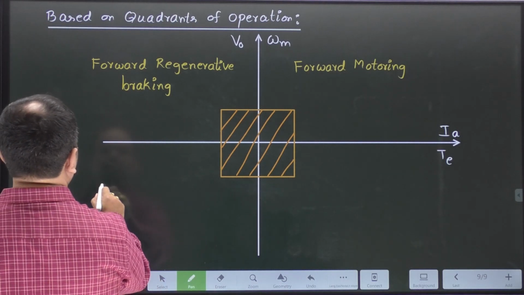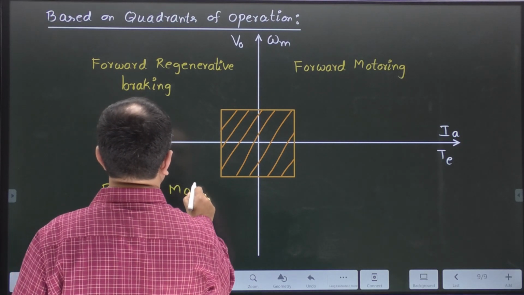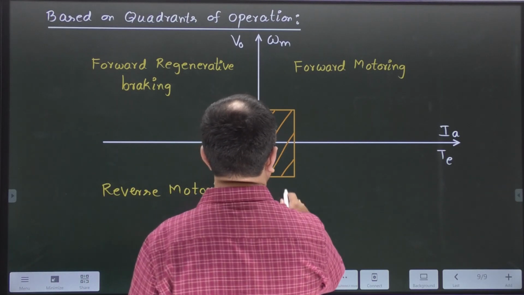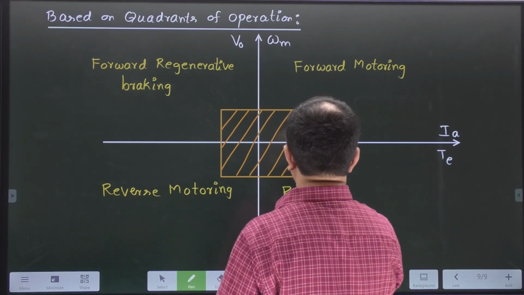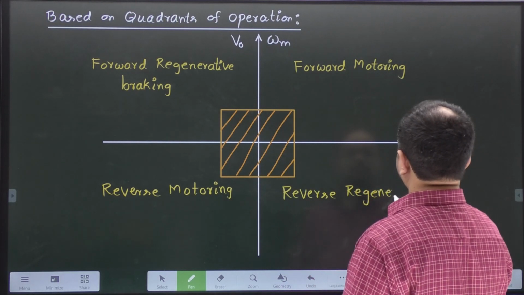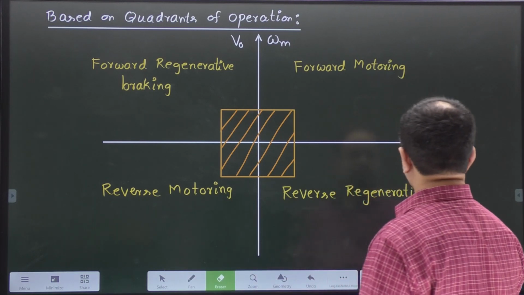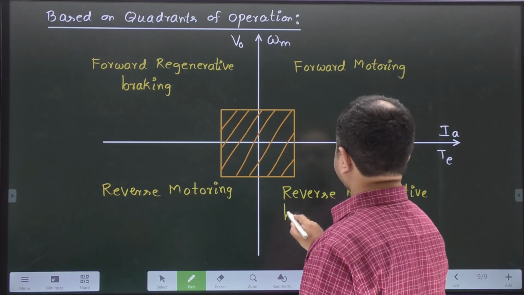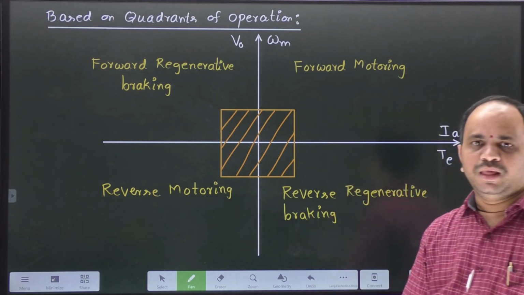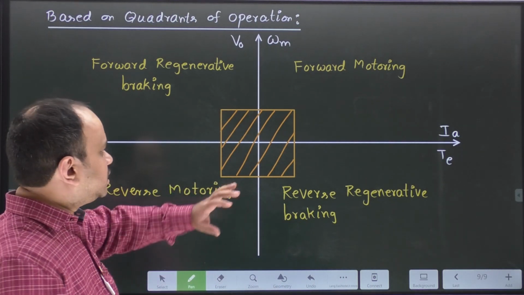And the third quadrant of operation is called reverse motoring. The fourth quadrant of operation is called reverse regenerative braking. Now let us look into what are all the circuits that will give you different types of operations here.